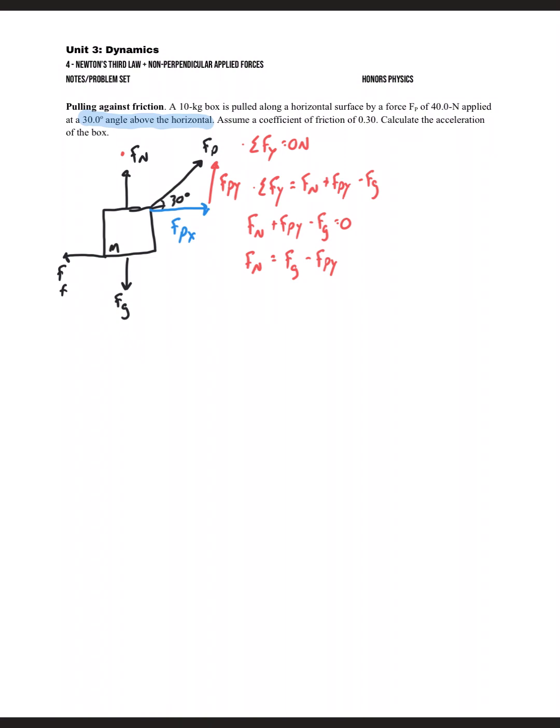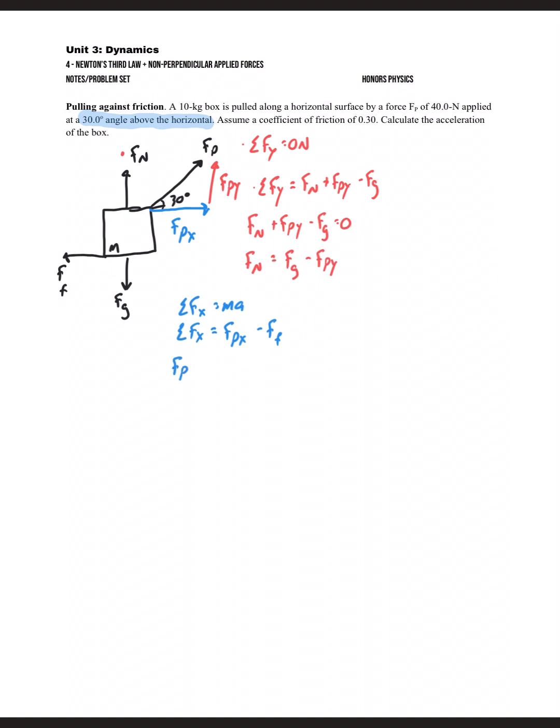Now the question basically assumed there's an acceleration in the x direction. So we'll have my F net x equals mass times acceleration. Well, the things responsible for causing the acceleration in the x direction are going to be the x component of that pulling force, and then the friction force is opposing it.